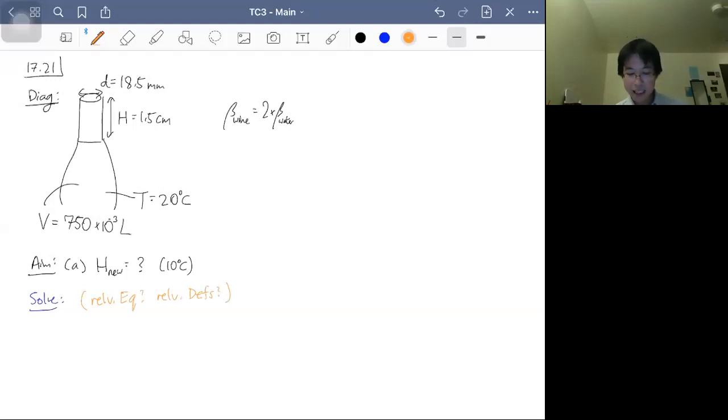Volume, height, diameter, beta maybe, but most of them I think we're relatively comfortable with. There are no particular definitions we have to expand. So the relevant equation, I think everyone already knows, is the volume expansion, because it's pretty obvious. This is where the starting point is.